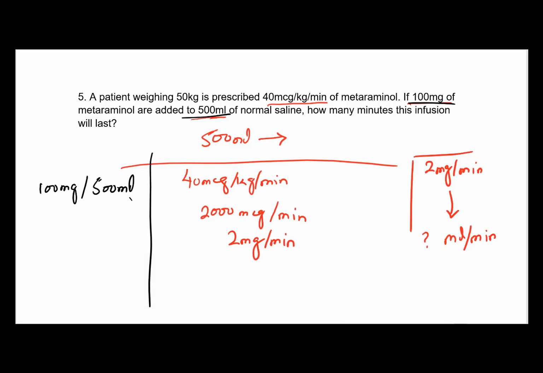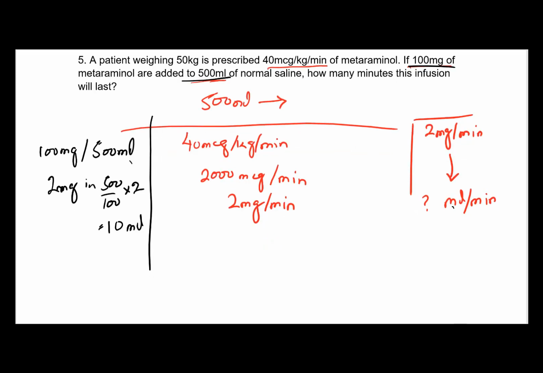So if 100 milligrams is present in 500 mils, 2 milligrams will be present in 10 mils, which is equal to 10 mils per minute.